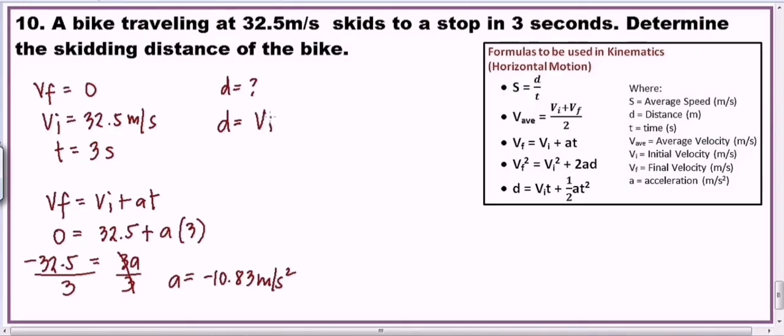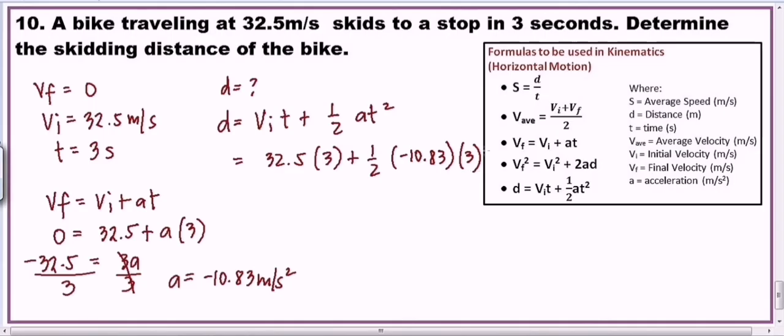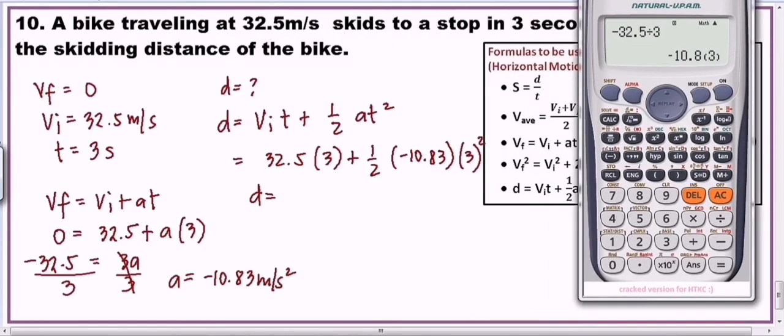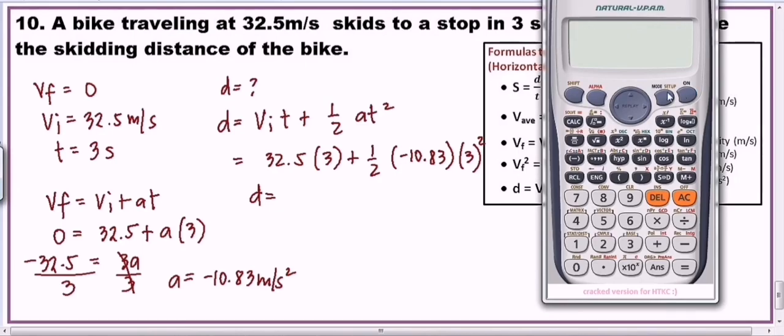So VIT plus 1/2 AT squared. So VI is 32.5 times time na 3 plus 1/2 times A, which is negative 10.83, times time na 3 and then squared. Okay, so distance is equal to, dire-diretso lang sa calcu, 32.5 times 3 plus 1/2.